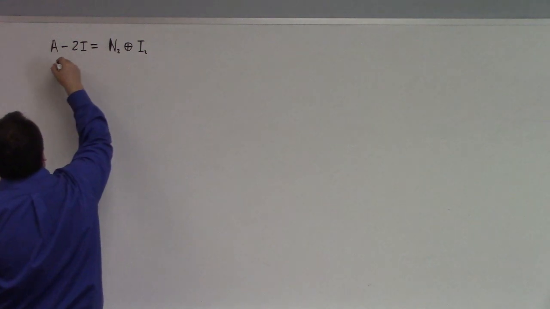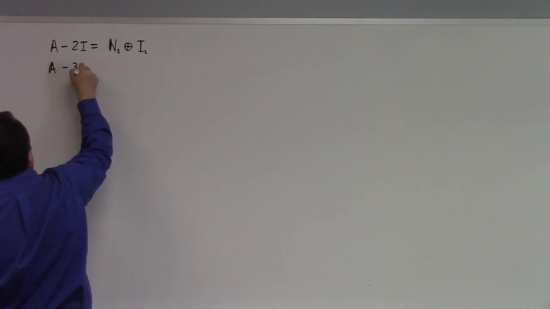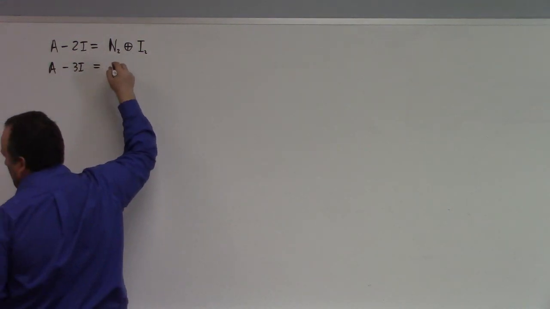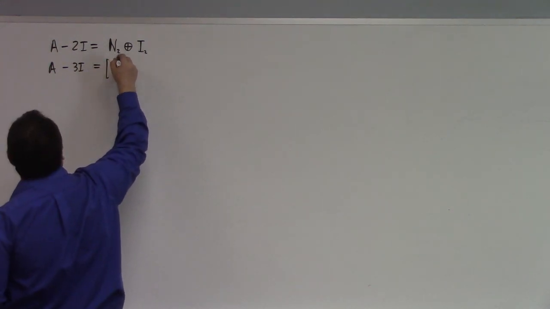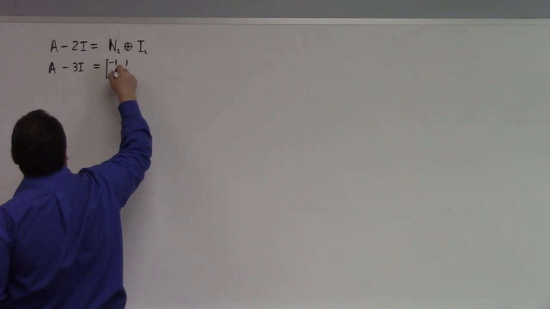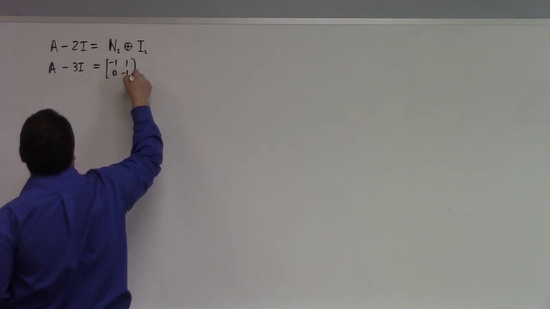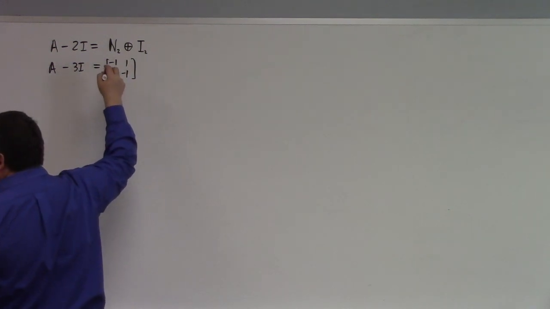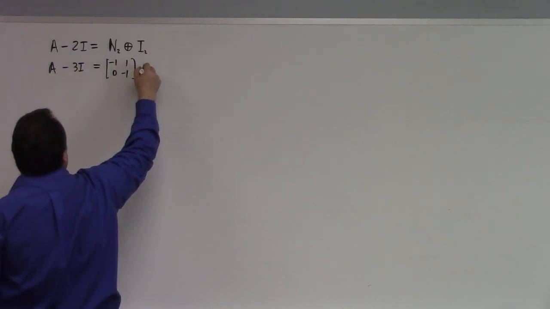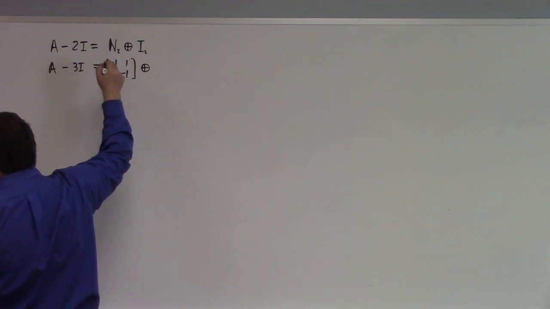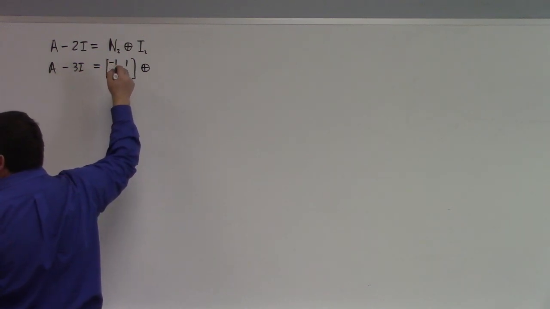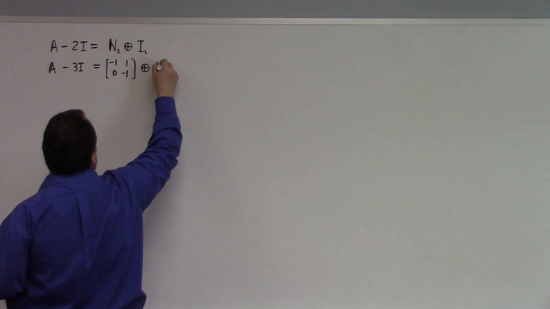And on the other hand, A minus 3I is minus 1, 1, 0, minus 1. Technically, that's the Jordan block for minus 1, 2 by 2, right? But whatever. And then plus the 2 by 2 zero block, right?